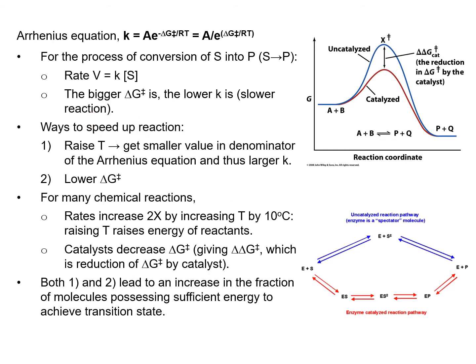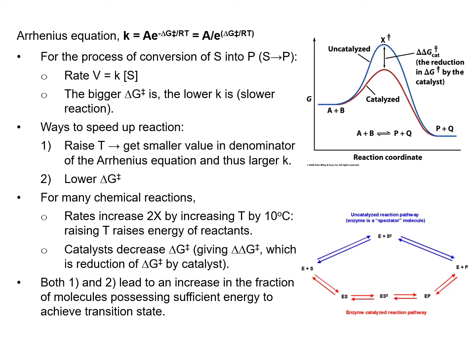And the catalyst decreases delta G double dagger. So here's the uncatalyzed reaction curve, which is in blue. But when enzymes or catalysts are involved, that lowers this delta G of activation value, without changing the energy state of the reactants or the products, and it will boost the rate of the reaction.